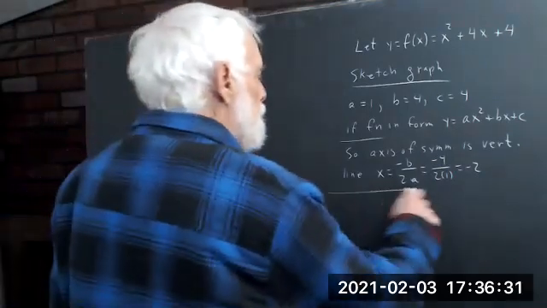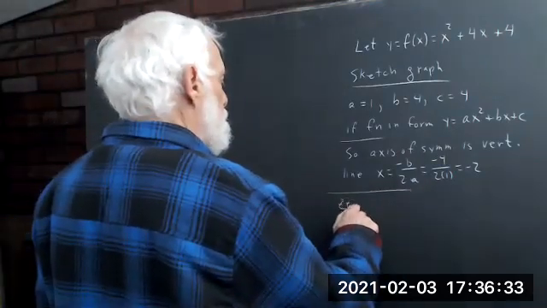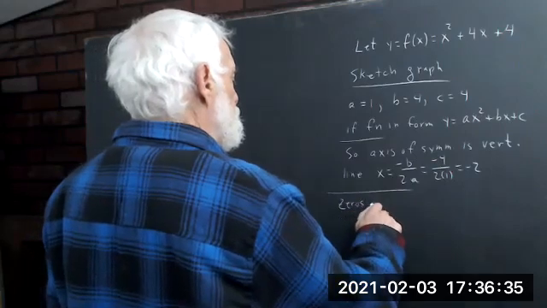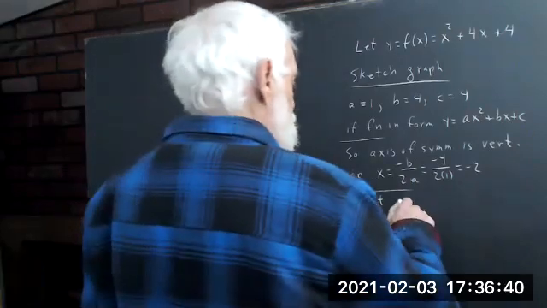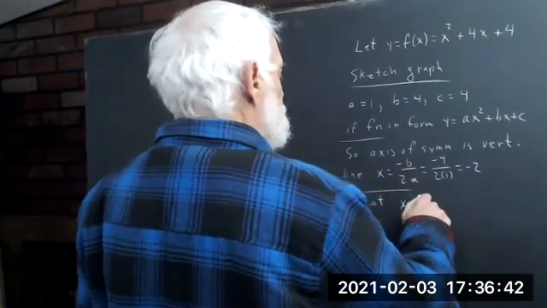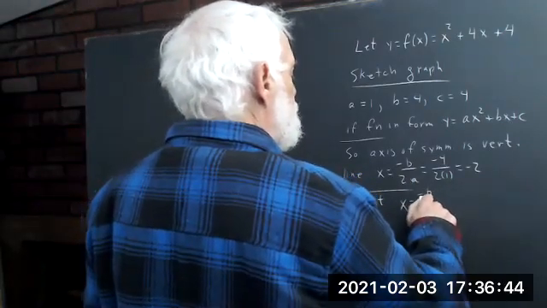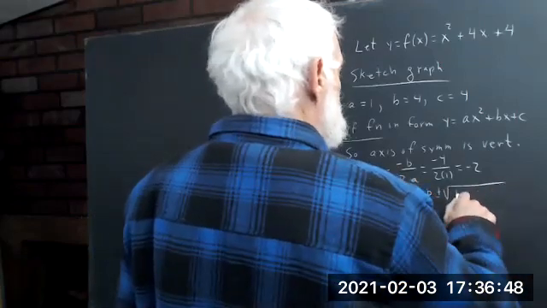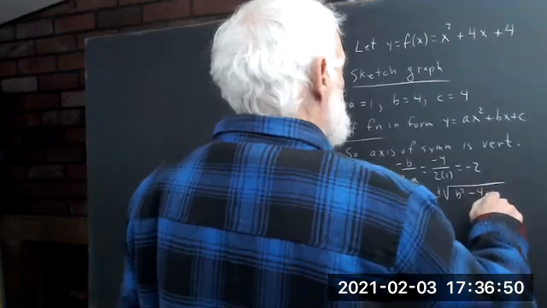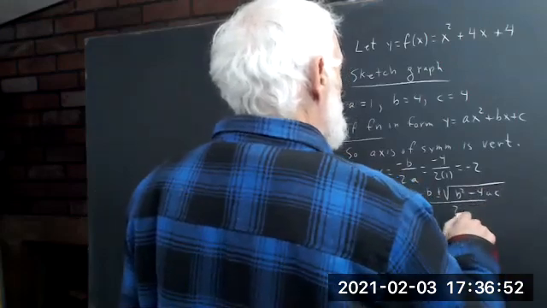The zeros are at x equals negative b plus or minus square root of b squared minus 4ac over 2a.